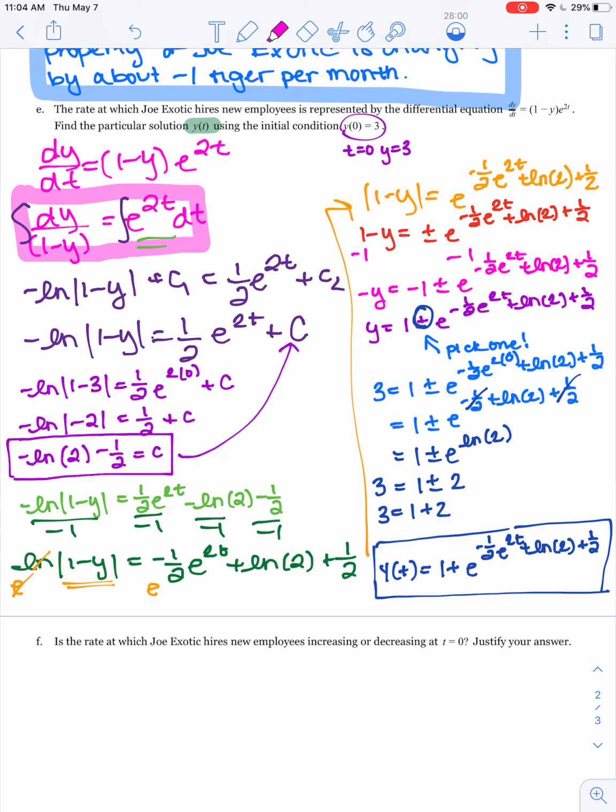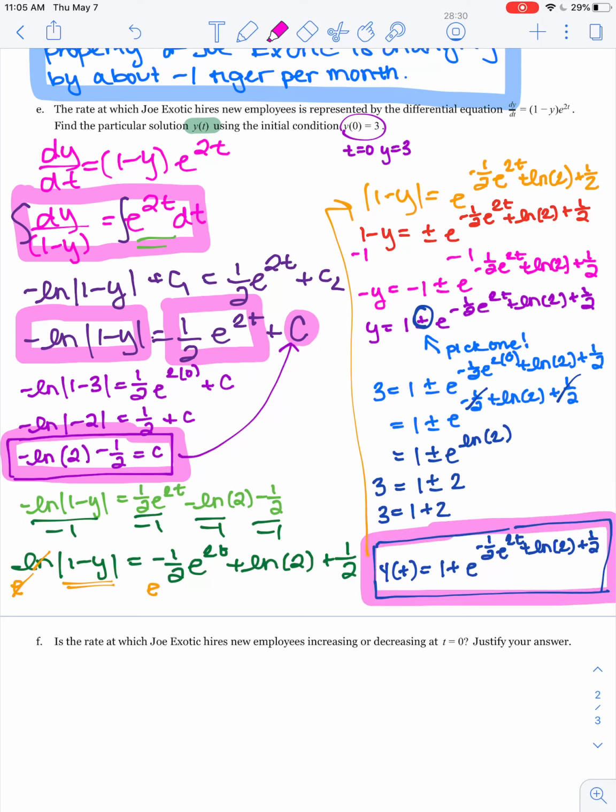You got another point for correctly integrating the left-hand side. You got a third point for correctly integrating the right-hand side. You got a fourth point for introducing plus c at the appropriate place. And then you got a fifth point for using the initial condition to solve for c. Your 6th point was your final answer.